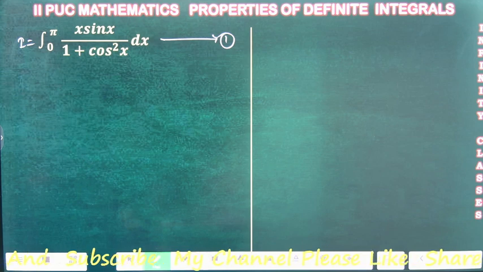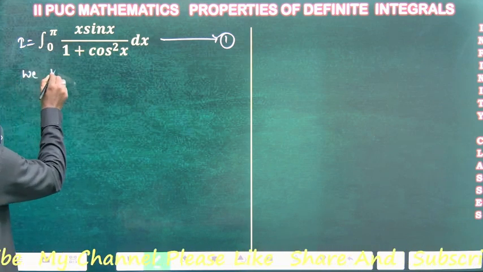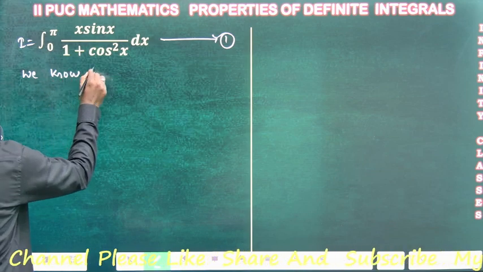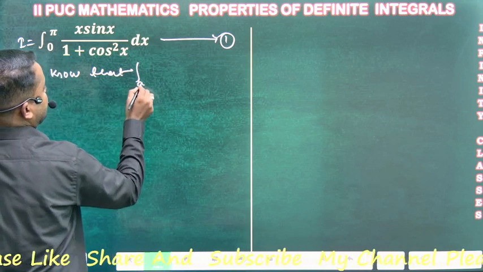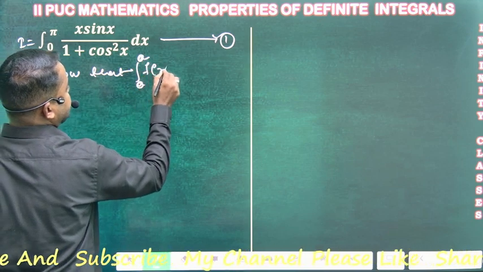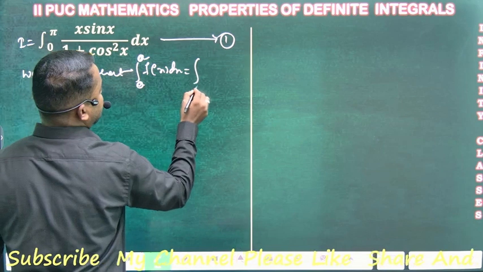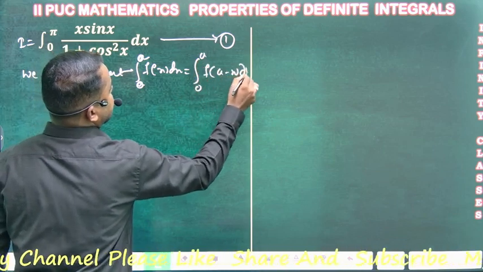We know that integral from 0 to a of f of x dx is equal to integral from 0 to a of f of a minus x dx.